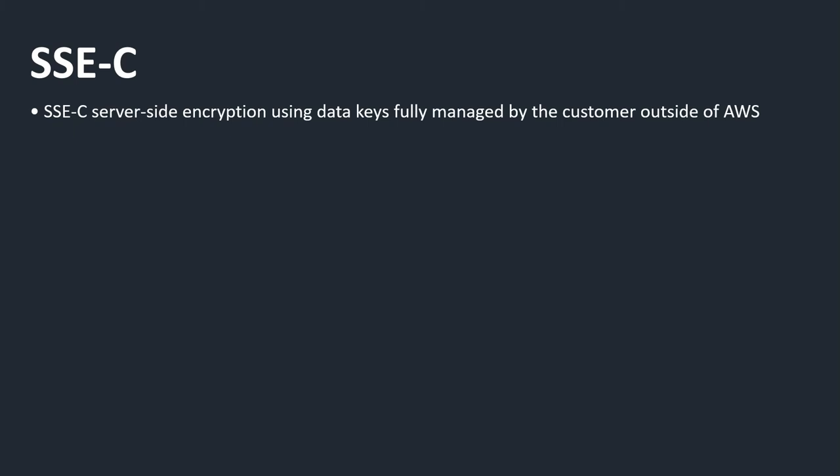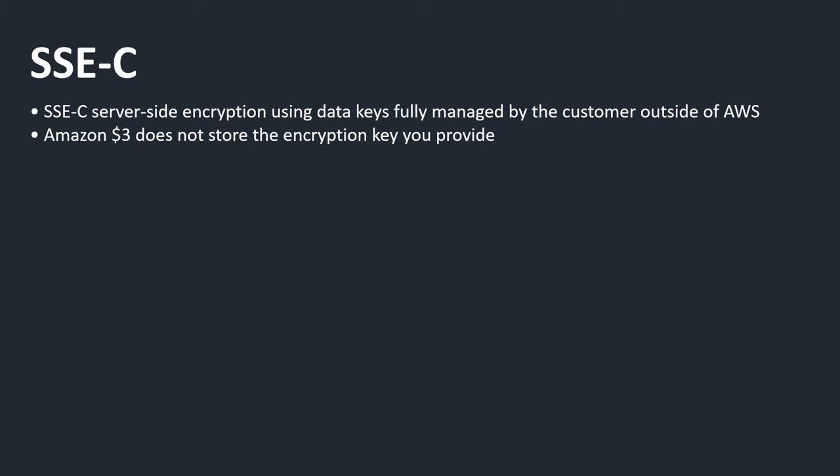Next, we have SSE-C, which stands for server-side encryption using keys that you provide yourself, outside of AWS. In this case, Amazon S3 does not store the encryption key you provide. It will have to use it because it needs to do the encryption, but then the key will be discarded.